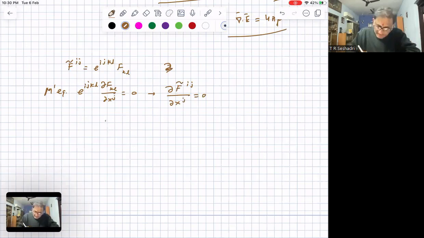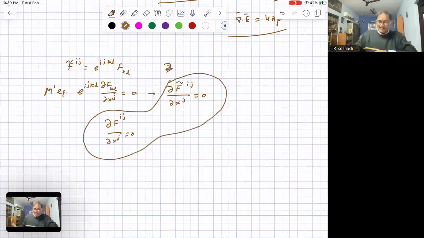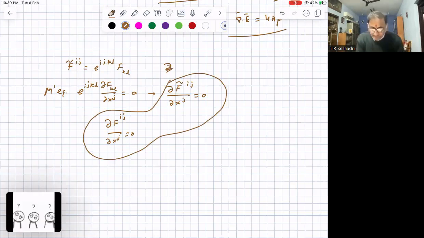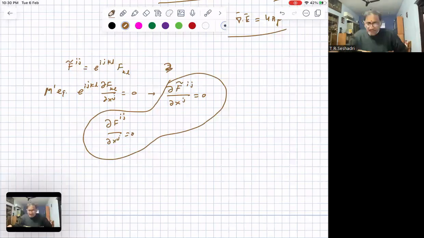And the second set of Maxwell's equations is del fij by del xj equal to 4 pi Ji. So all four Maxwell's equations can be summarized like this. Once I know the definition of the dual, I can just write these Maxwell's equations, and from there the entire thing will come out.